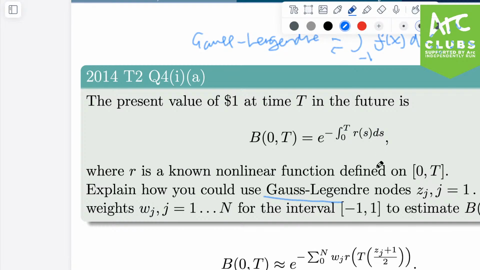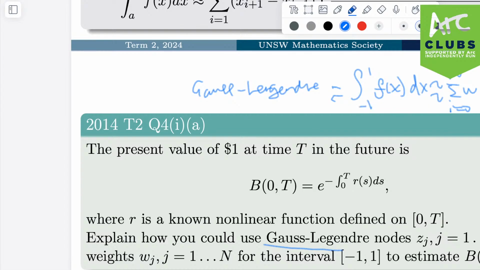You basically just apply the formula I wrote here. It's still i equals 0 to n, and we have wj. In this question, we assume we know wj and zj, so you don't need to specify them yourself. You just assume they are given.